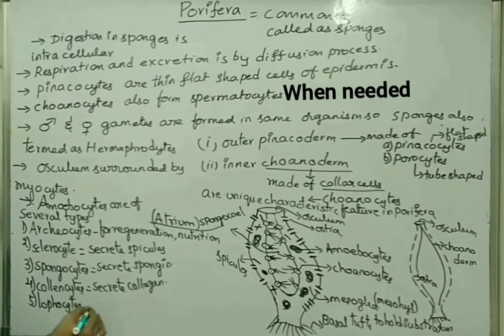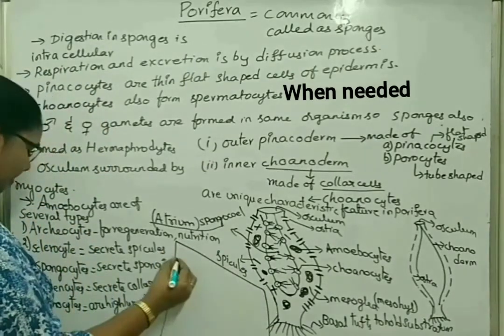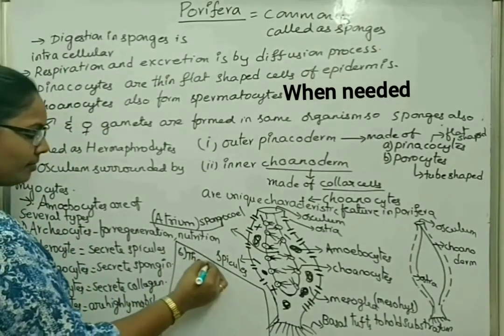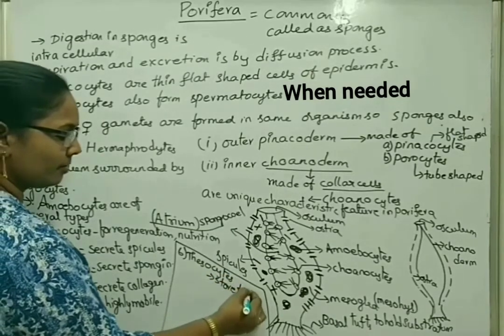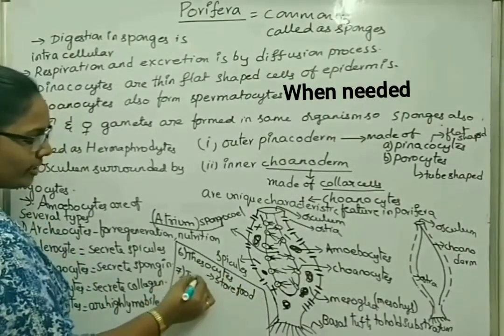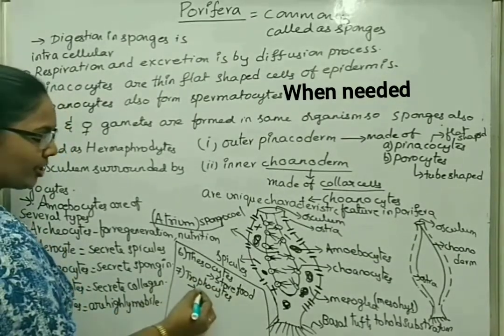Leukocytes are highly mobile. Next is phagocytes. They help in storing of food. Next one, trophocytes. They help in absorption of nutrition.